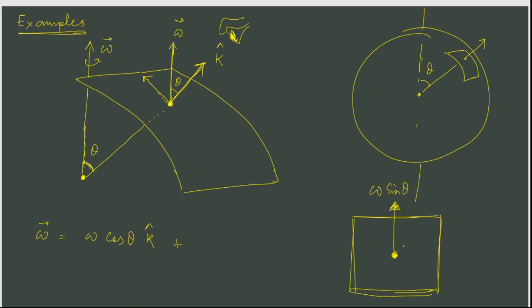Now let us suppose we choose our x and y coordinates such that the x-axis makes an angle phi with respect to the local north. From this point, straight outward, meaning this is the plane of the paper, at this point the vector normal to this plane is the k cap, the local vertical. And then the way we have drawn the vector here is the same as the vector shown here.